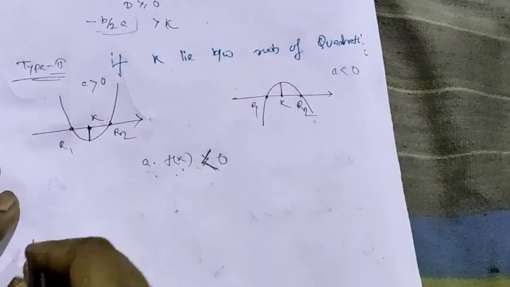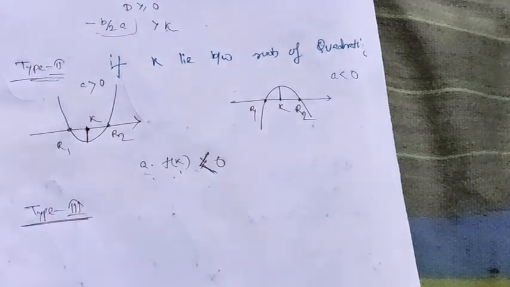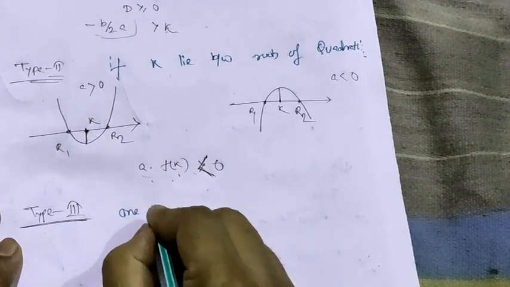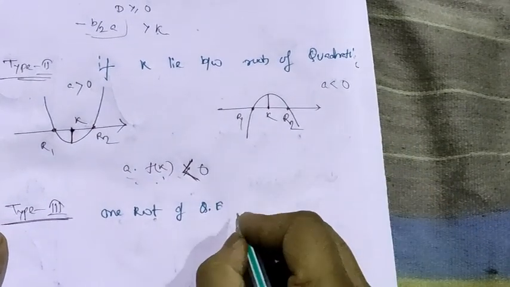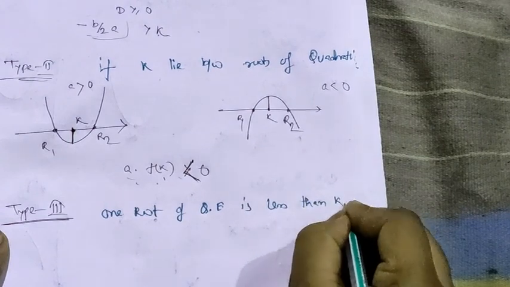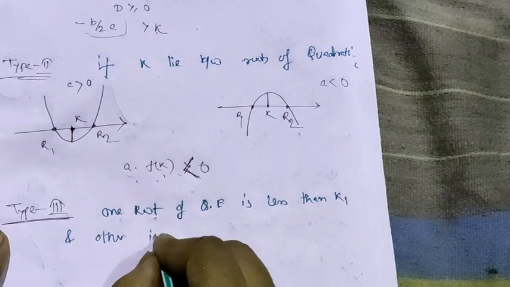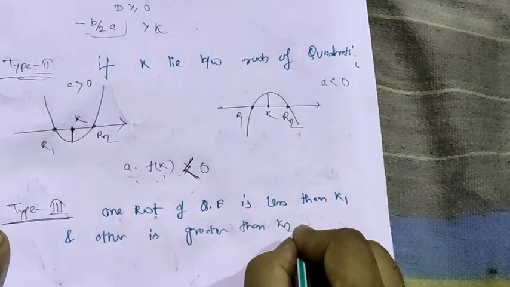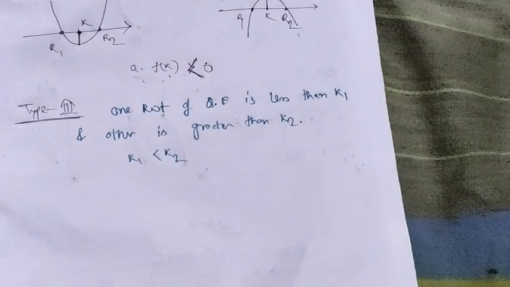In the third type, that is type 3, one of the roots of the quadratic equation is less than k1 and the other is greater than k2, where k1 is less than k2. This is the condition.